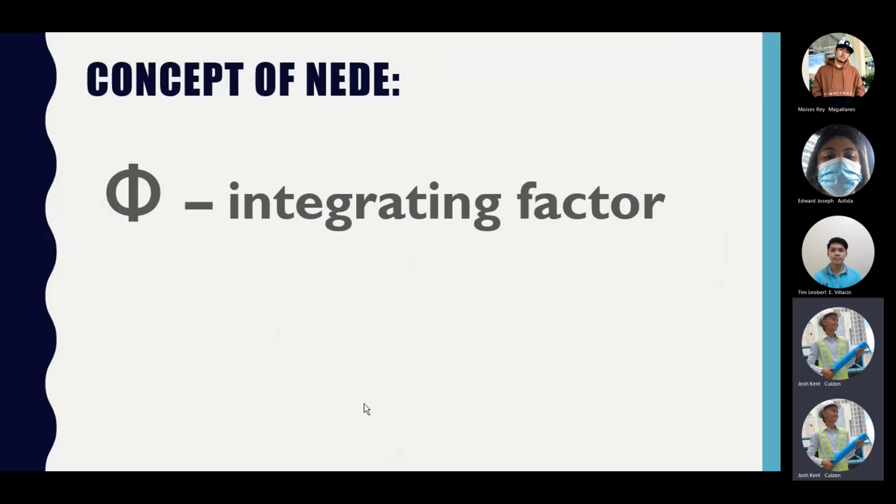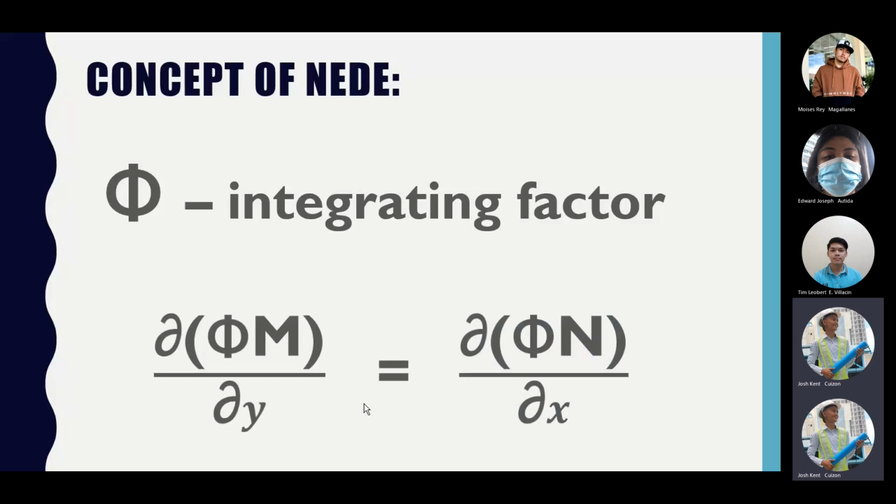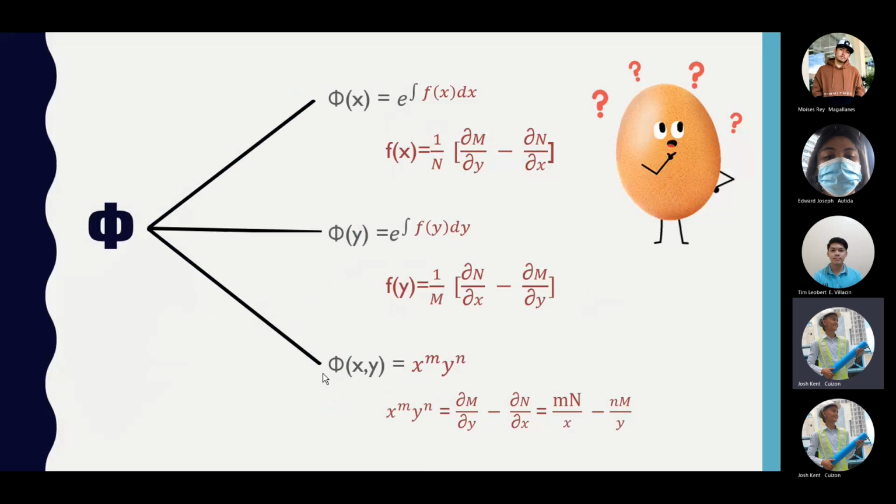So, ang concept aning non-exact DE kay if we multiply our integrating factor phi to our M and N and ikuha nato ang partial derivative ni M with respect to y and partial derivative of N with respect to x, ma-equal na siya. So, mao na ang gamit sa integrating factor. Now, how do we get our integrating factor or our phi?